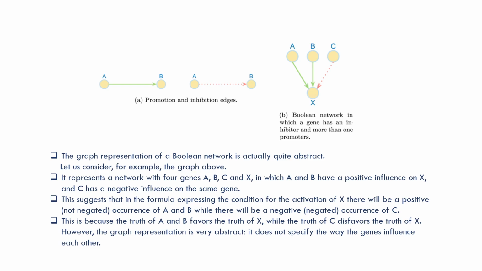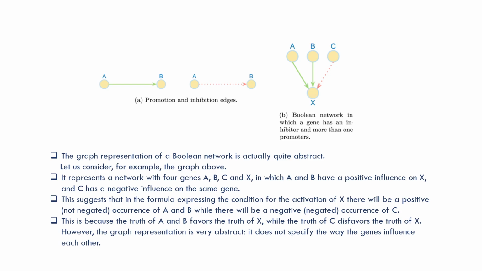This is a network having four genes, A, B, C, and X, where A and B have a positive influence on X, and C has a negative influence on it. So in this panel, A and B are activating X, and C is inhibiting X. This suggests that in the formula expressing the condition for the activation of X, there will be a positive occurrence of A and B, and a negative occurrence of C, which is completely intuitive, because A and B positively influence and C negatively influences. So the formula expressing the condition for the activation of X will have A and B as positive and C as negative.